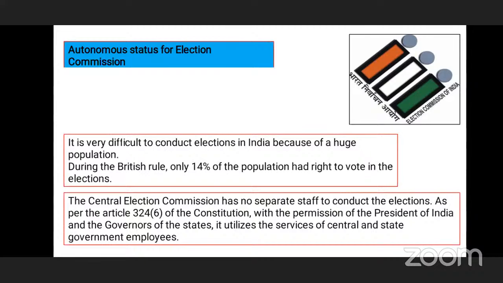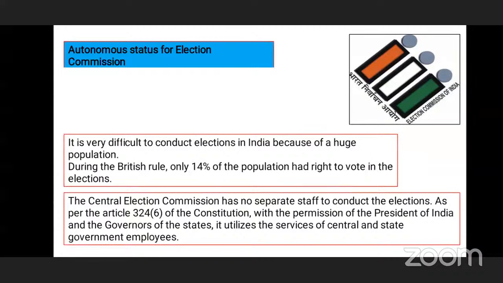During the British rule, only 14% of the population had the right to vote in the elections. Why was it only 14%? The remaining 86% had no right to vote.